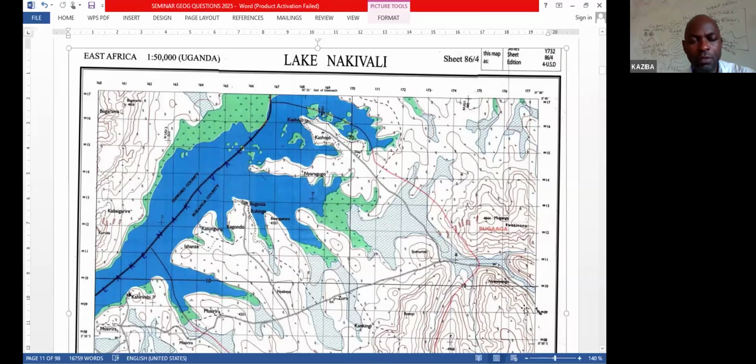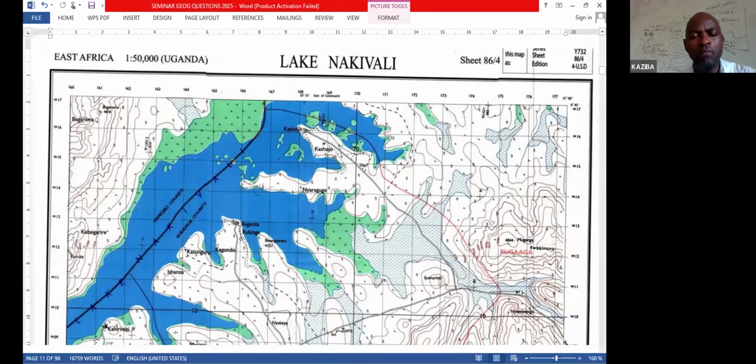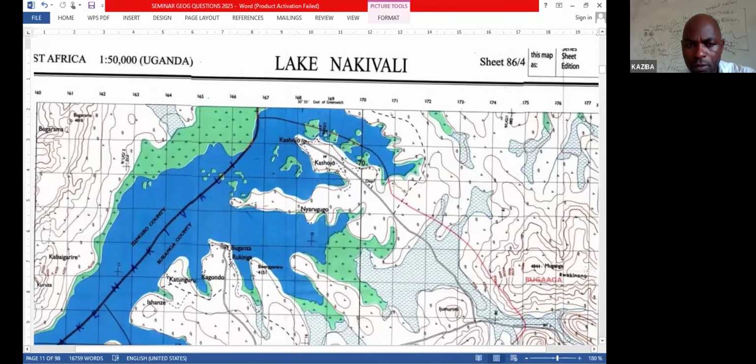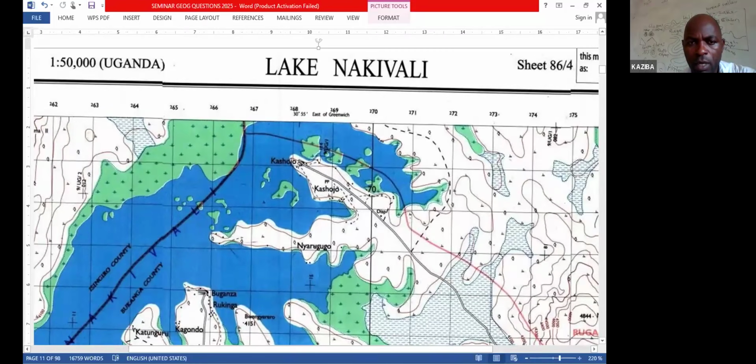Wherever you see a papyrus swamp, that's a broad valley. So the papyrus swamp northwest of Lake Nachivari is found in a broad valley.